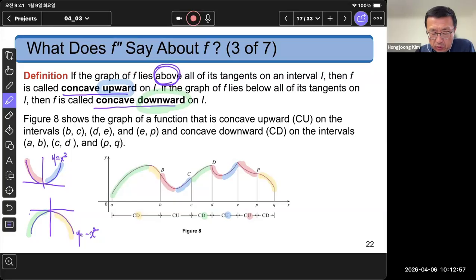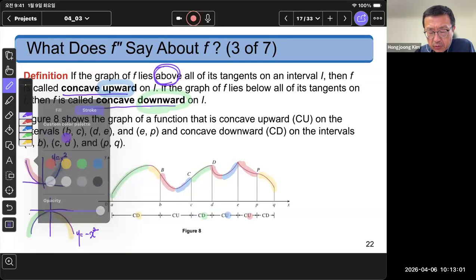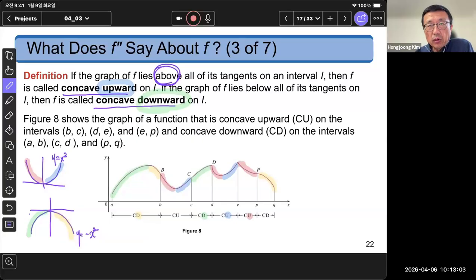So you can always think of a certain tangent, and then you can compare the location of the tangent line and the actual graph. And if the actual graph is above the tangent line on a certain interval, your function will be concave upward.